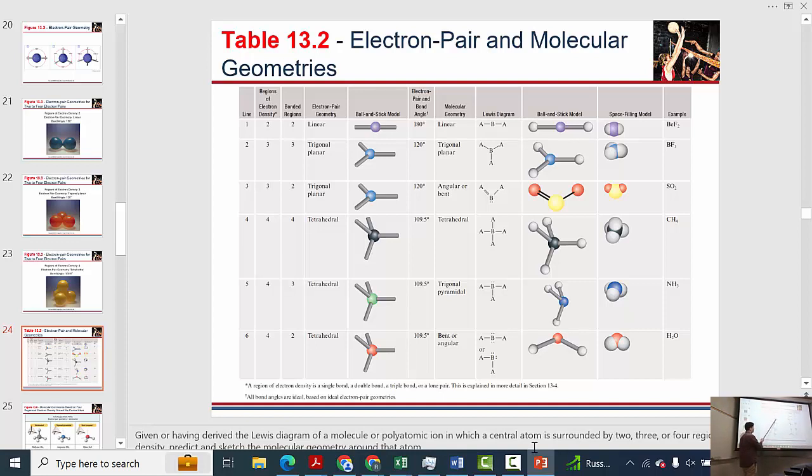These sticks represent groups. And so one option is those are 3 bonding groups. And that's going to give us a molecular geometry trigonal planar. The other option is we have 2 bonding and 1 non-bonding. And that's going to give us a molecular geometry of angular or bent. We'll just go with bent, it's shorter.